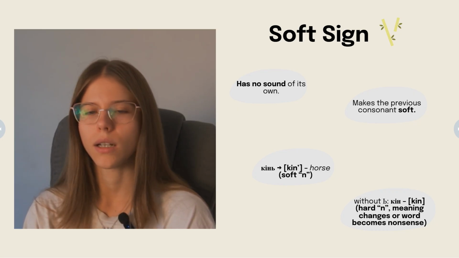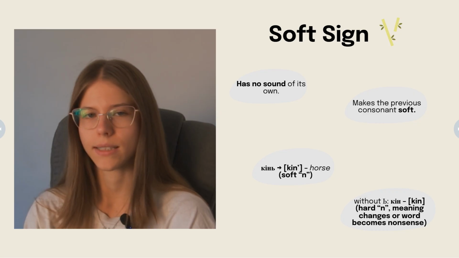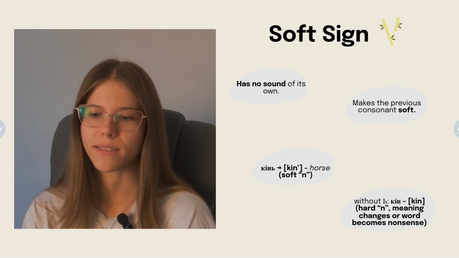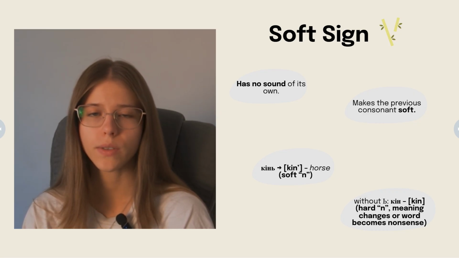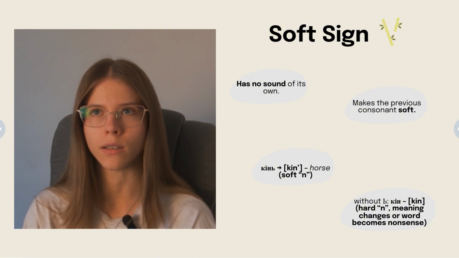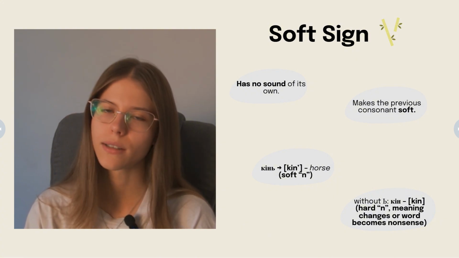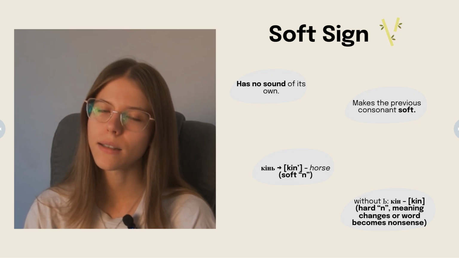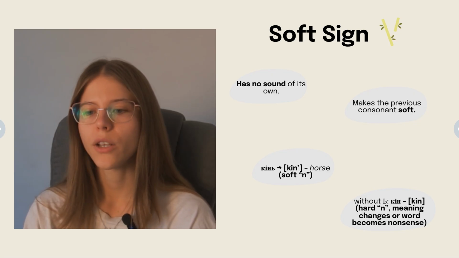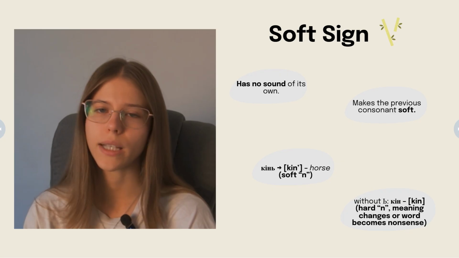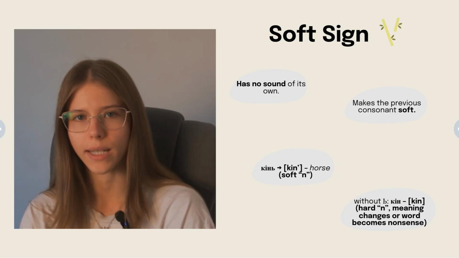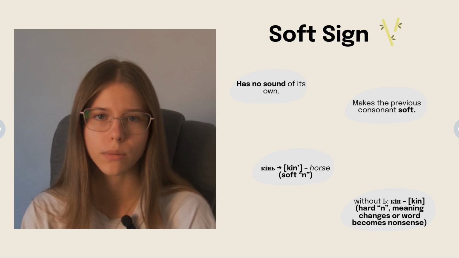Without soft sign, it sounds like kin. We don't have this word at all, that's not correct pronunciation and writing. If it's difficult for you to hear this difference, try to play this part of the video again.